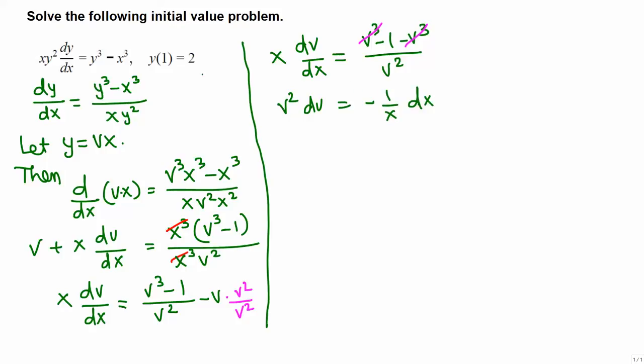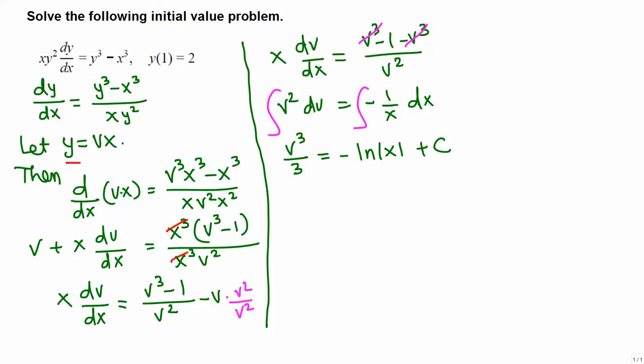Now we can integrate both sides. We get the antiderivative of v squared, v cubed over 3, equals minus the antiderivative of 1 over x, which is just natural log of absolute x, plus c.